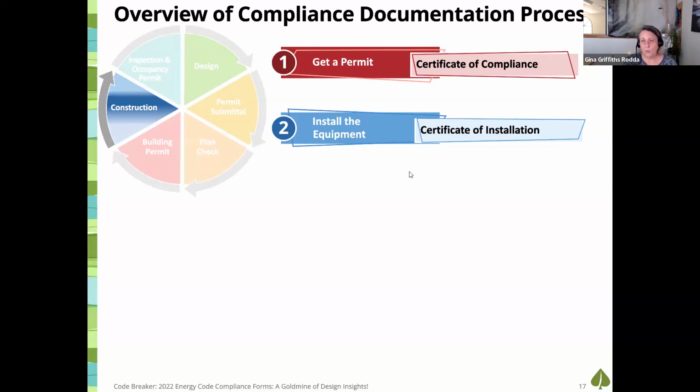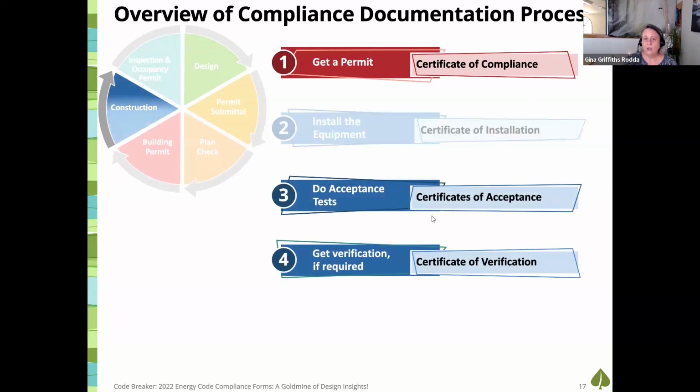Because if it's not, we have to redo the certificate of compliance and hopefully still support that project is compliant to the energy code. We have acceptance testing. This is all about the installing contractor double checking their work and confirming that controls or complicated mechanical equipment are working properly. And we also have verification. This is third party.